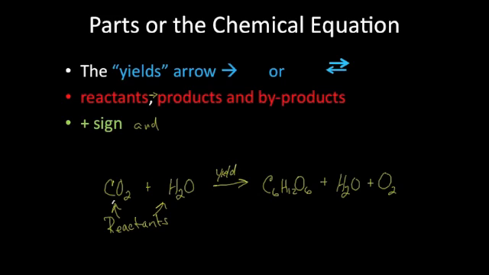Okay, so when you have carbon dioxide and water, and they go through a chemical reaction, they yield or produce the product, which is glucose. All right, this is the product. And in the process of producing that product, they give off what we call byproducts, or sometimes people call them waste products, which is actually great for us because water and oxygen is good for us.